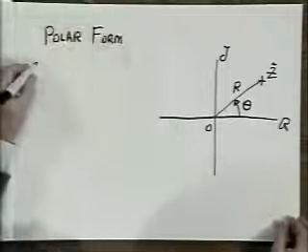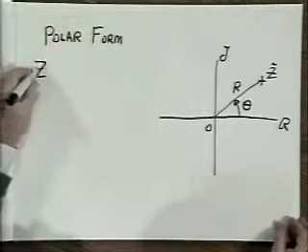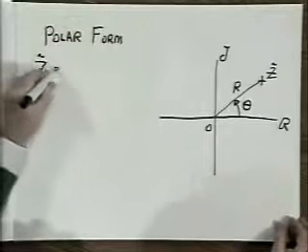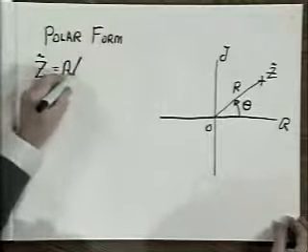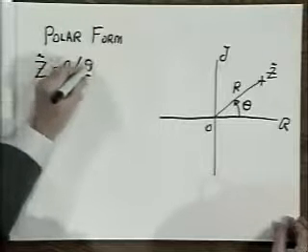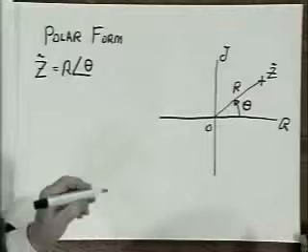And to write it in polar form, we could represent it as z tilde is equal to a magnitude of r at an angle of theta. Conversion back and forth between rectangular form and polar form is pretty obvious.